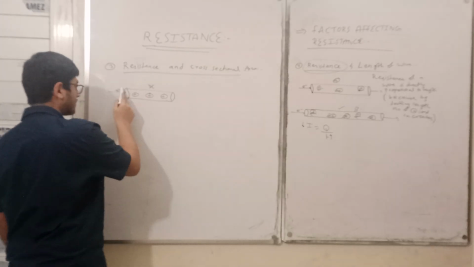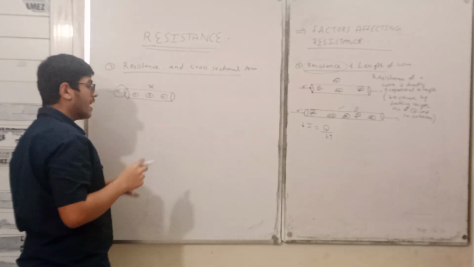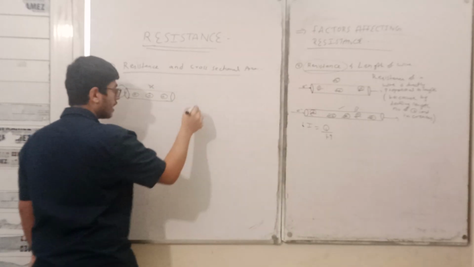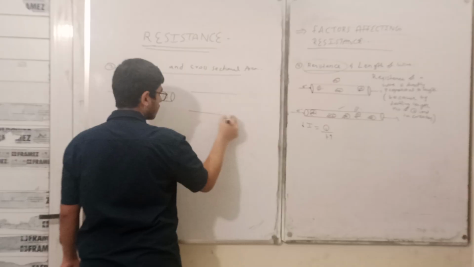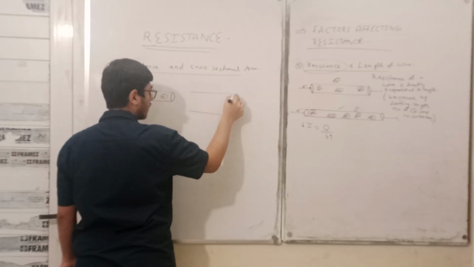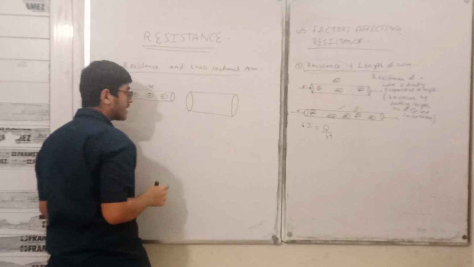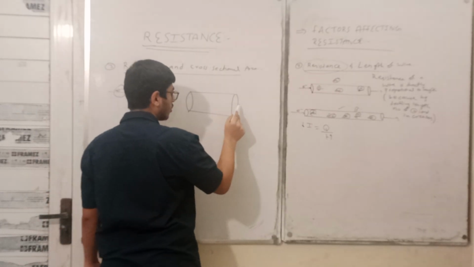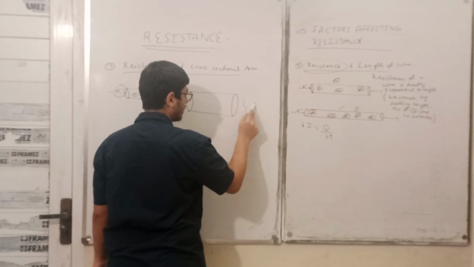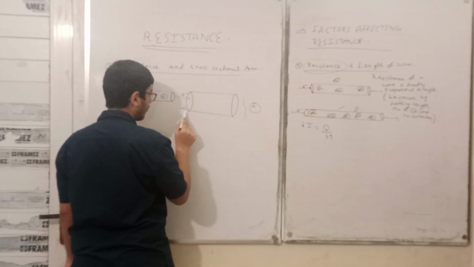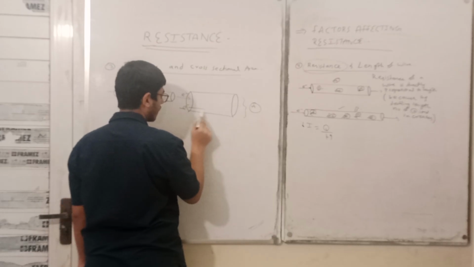Therefore, there is a resistance of electrons to flow, as less number of electrons can flow at a time. But if a thick metal conductor is taken or of greater cross sectional area termed as A, more electrons can flow at a time.